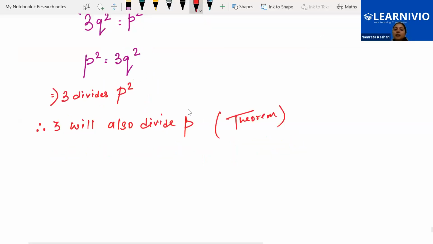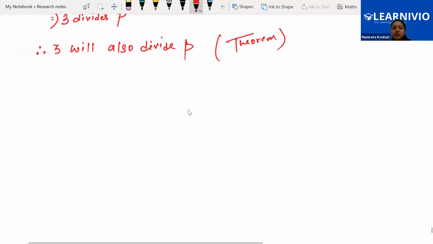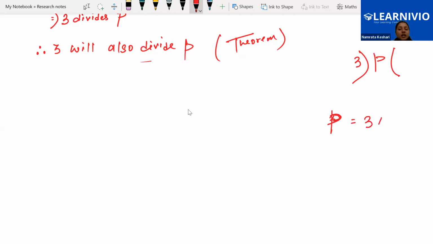Clear? Okay. Now we have written this statement that 3 divides P. From the statement, we have learned that if 3 divides P completely, then dividend is equal to divisor into quotient plus remainder.